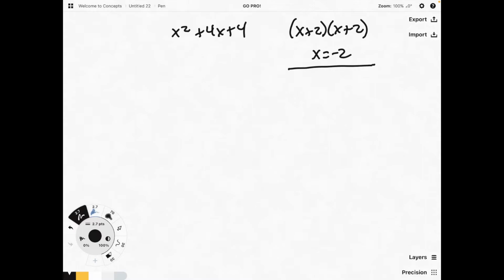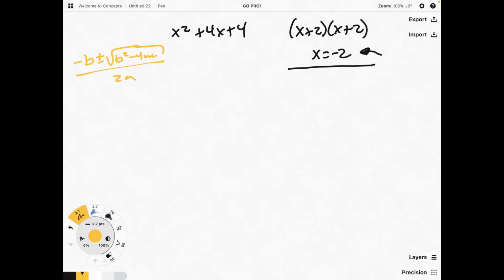Now what we will see is that our discriminant most likely is going to be 0 because we are left with the value of negative 2 with multiplicity 2. Let's see what that looks like. Using the quadratic formula, you have the opposite of b plus or minus the square root of b squared minus 4ac all over 2a.